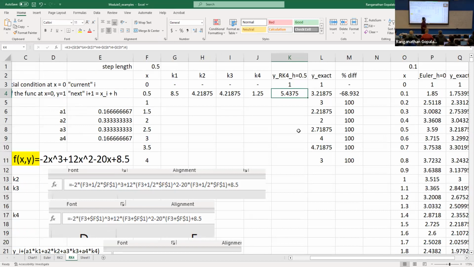That is, this point is given. What we are computing now is y of i plus 1 equal to 5.4375. Are people getting this? Yes.